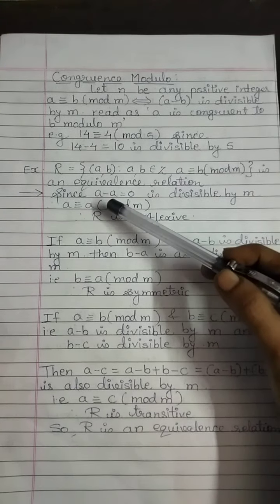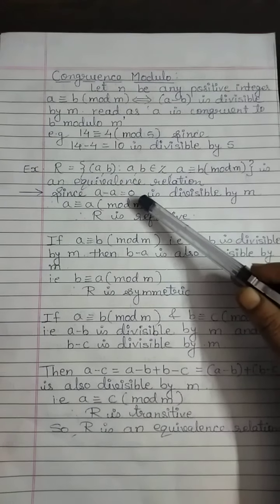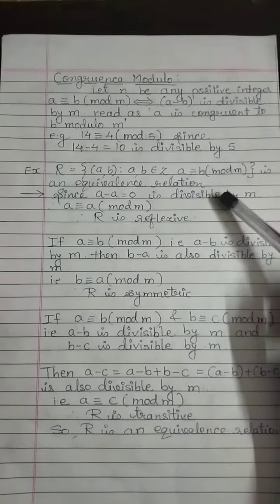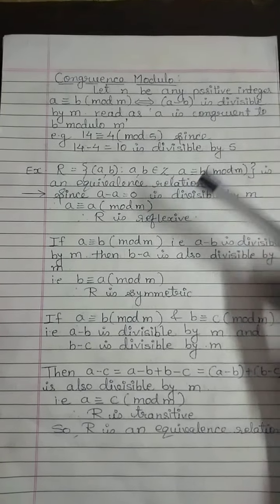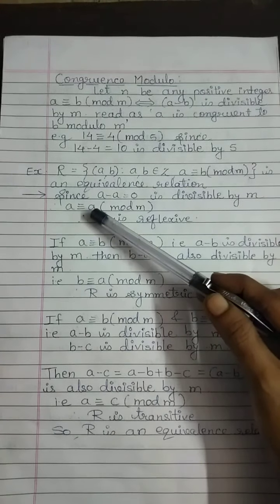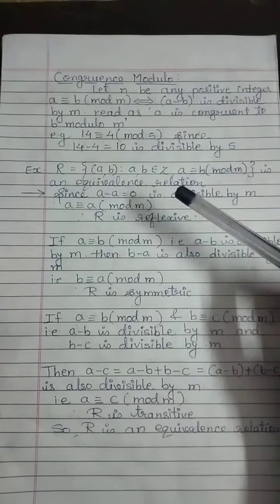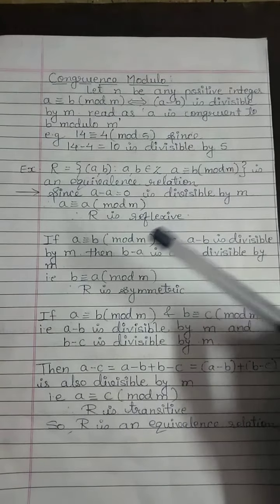Since A minus A is equal to 0, and 0 is divisible by M, by the definition of congruence modulo we can write A is congruent to A modulo M. So R is reflexive.